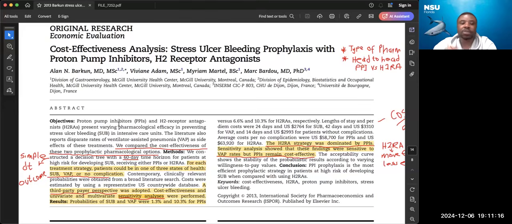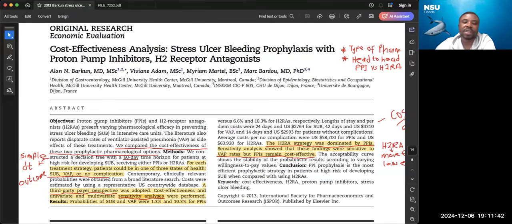In this case, it is cost effectiveness analysis because there are two different drugs, the H2 arrays and the PPIs. So this study can't be a cost minimization analysis; rather, it is a cost effectiveness analysis. In the objective, they don't tell you outright, but they stated why it is cost effectiveness rather than cost minimization.